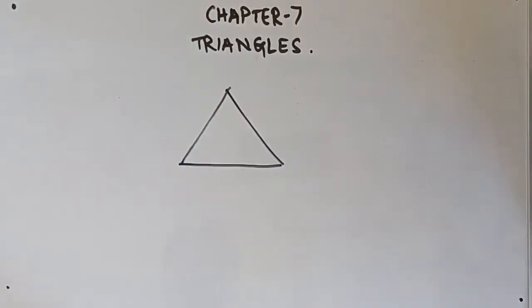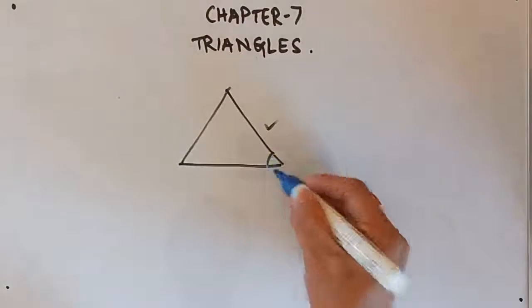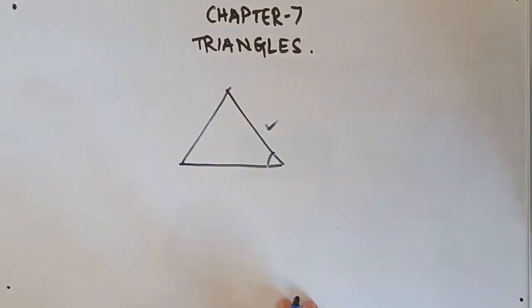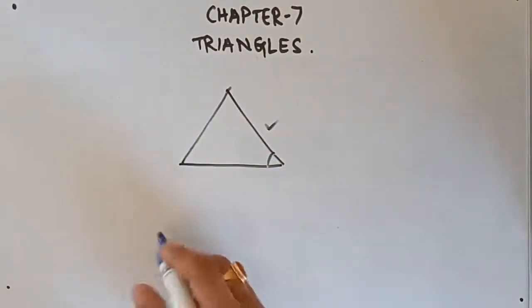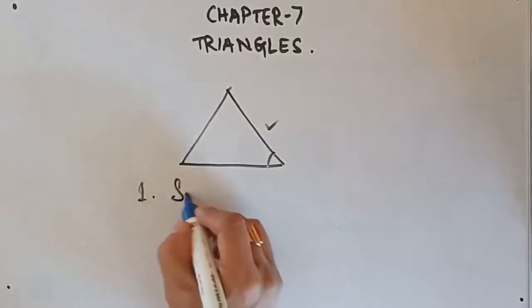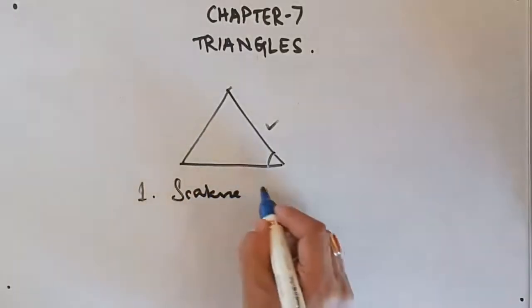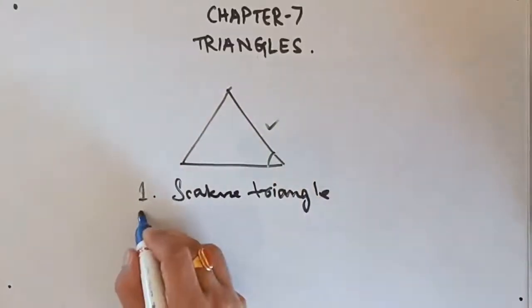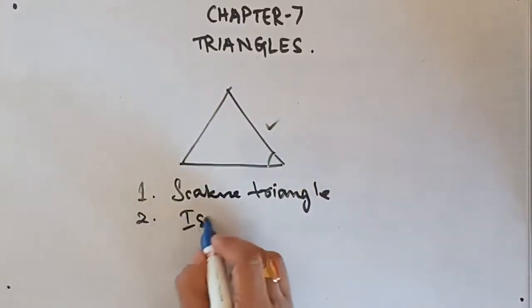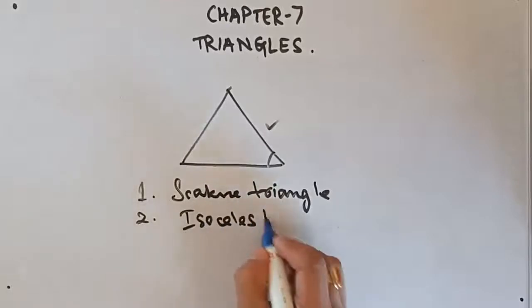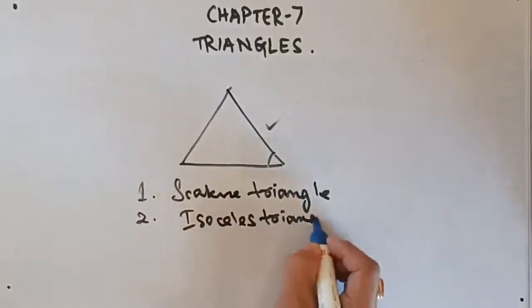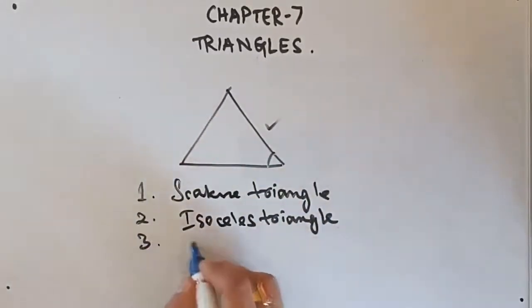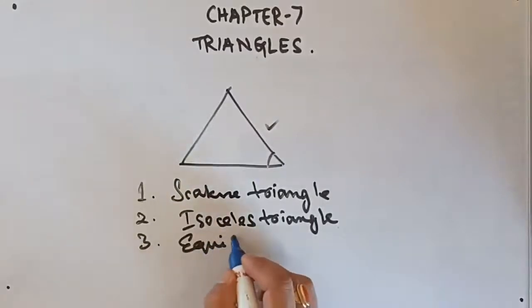Triangles are classified into 2 groups based on their sides and angles. Based on the sides, triangles are classified into scalene triangle, isosceles triangle, and equilateral triangle.